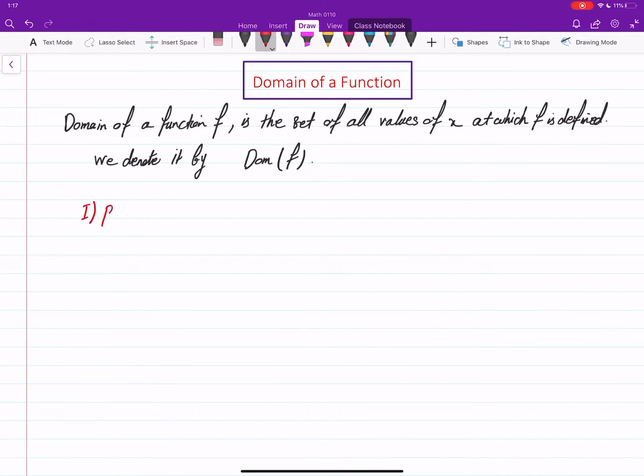First class is a very basic and nice class, polynomials. What is a polynomial? This is a function, let's call it p of x, of this form. We have a constant a_n times x to the power n, where n is a non-negative integer like 0, 1, 2, 3.